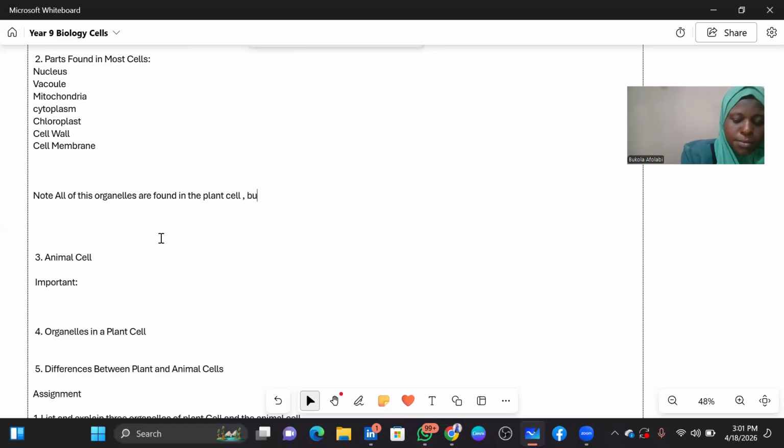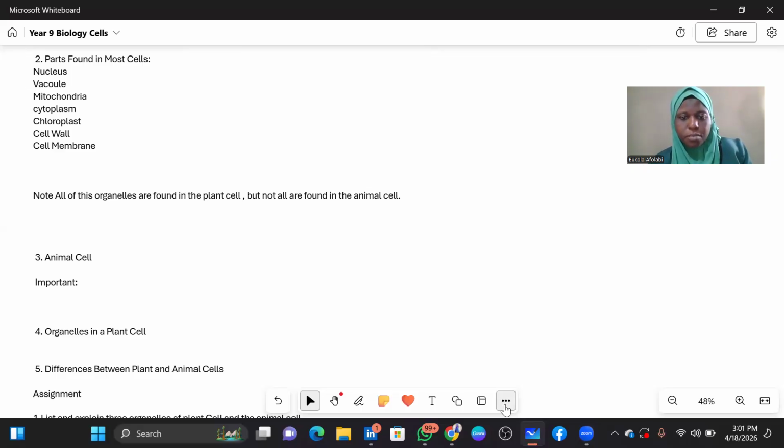But not all are found in the animal cell. Let's take a look at this diagram.